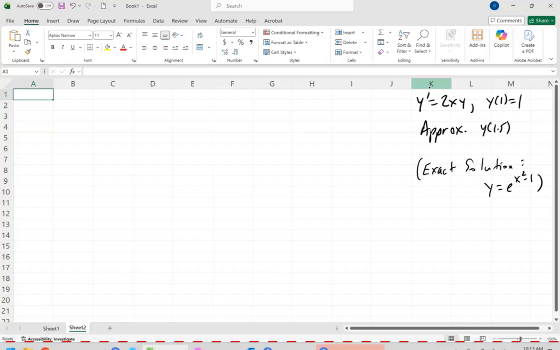Okay. So just to set this up again, or you can use the same sheet that you were in, it doesn't matter. I'm just going to do n, h, x sub n, y sub n. I can type f of x sub n, y sub n, and y sub n plus 1. All right.